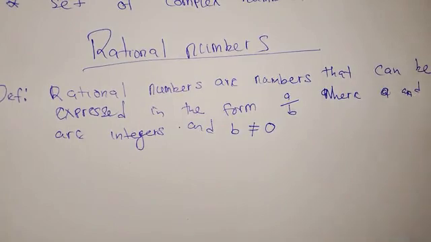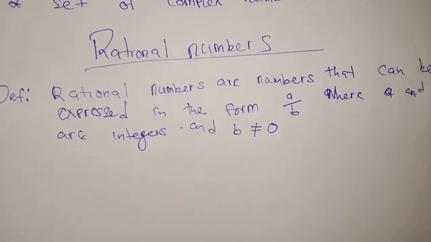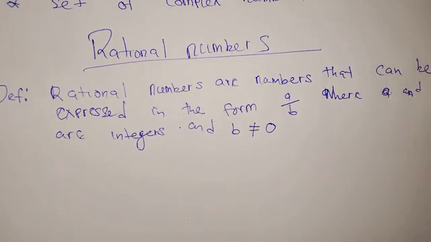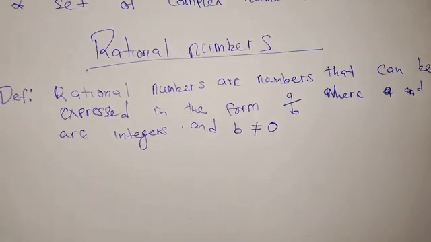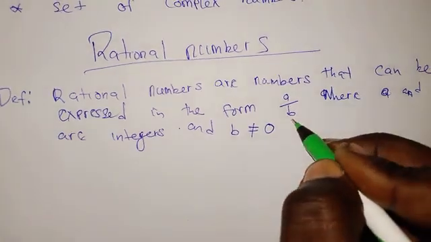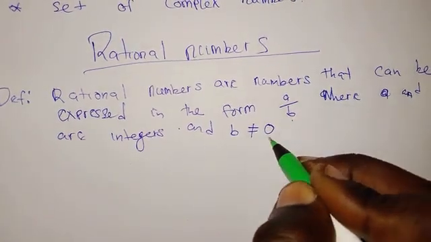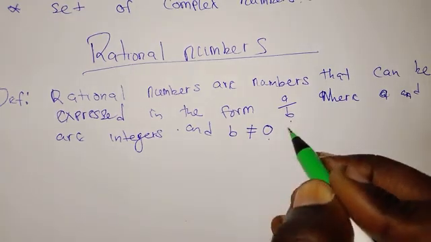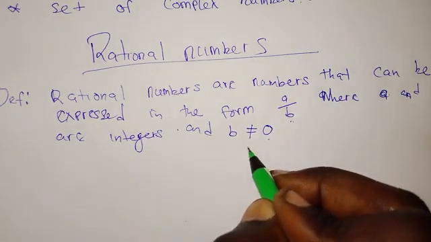So if we say that A and B are integers, we have to understand what a set of integers is. And by default, we're putting an emphasis that this B here should not be 0. This B should not be 0.